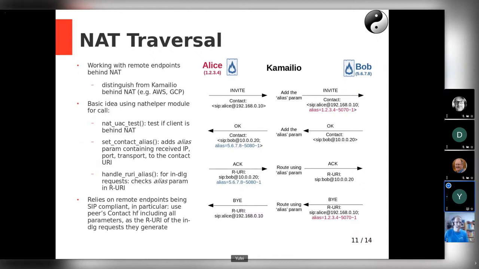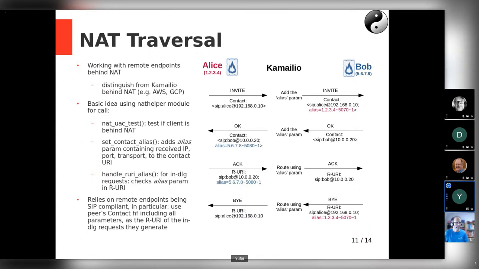You could have different flags set here to tell Kamailio which header it checks to decide whether it's behind NAT. And then the set contact alias function adds an alias parameter containing the real received IP, port and transport protocol to the contact URI before relaying it off. Another one, handle URI alias, is for in-dialog requests. When they come in, Kamailio will check the alias parameters in the request URI.